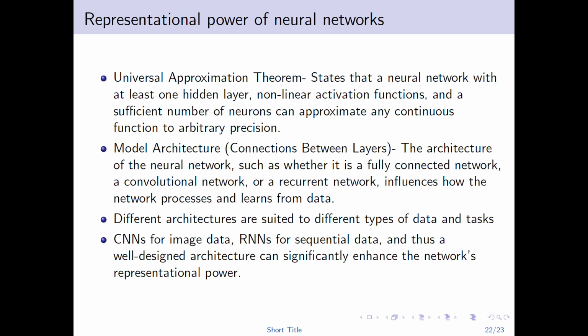We can see that different architectures are suited for different types of data and tasks. For image data, convolutional neural networks are more suitable, whereas for sequential data, recurrent neural networks are suitable. Thus, a well-designed architecture can significantly enhance the neural network's representational power.